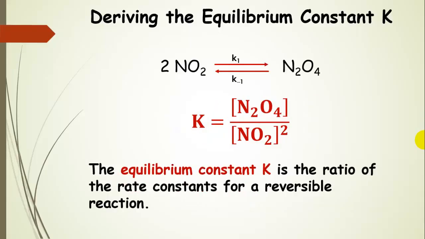So the equilibrium constant K is the ratio of these rate constants. So from now on, we're not going to write those anymore. Instead of writing K1 over K sub minus 1, we're just going to write the equilibrium constant K.